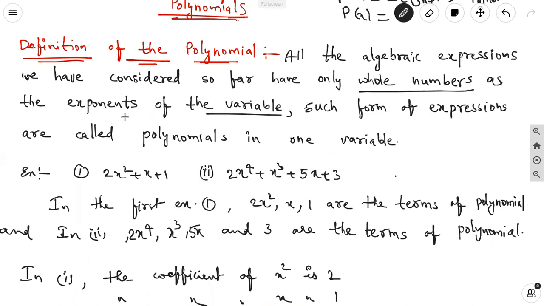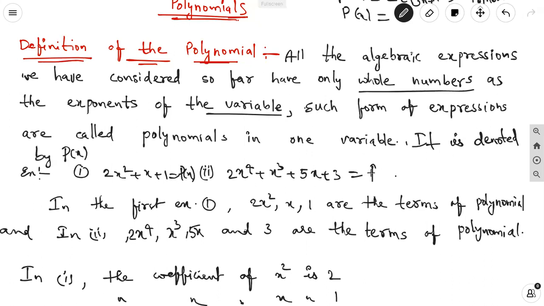We are taking only one variable. Such expressions are polynomials of one variable. It is generally denoted by P of x. The first example is P of x equal to 2x squared plus x plus 1.